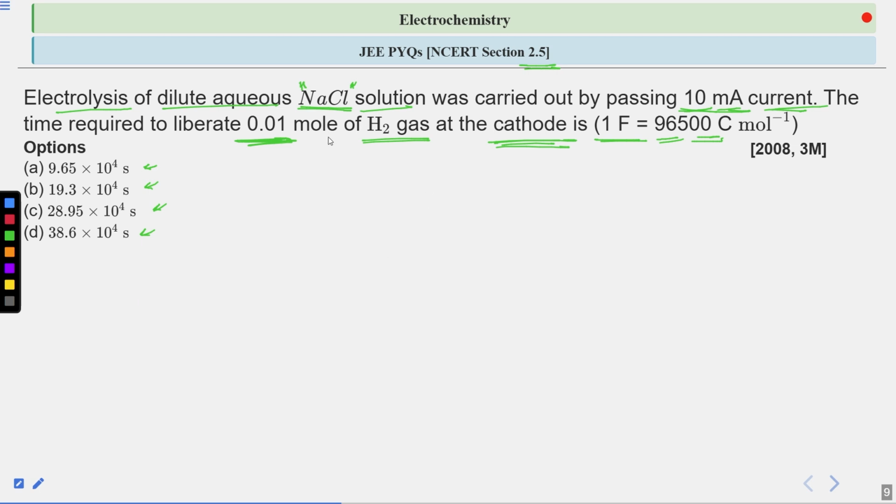Meanwhile the question asks something else, so try to focus on understanding the question and then start solving after seeing what the question is asking.